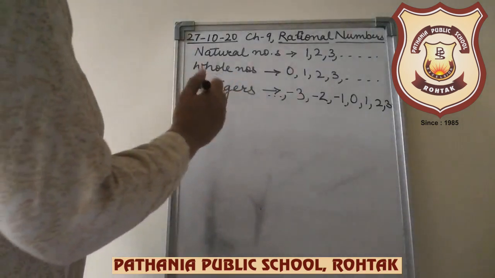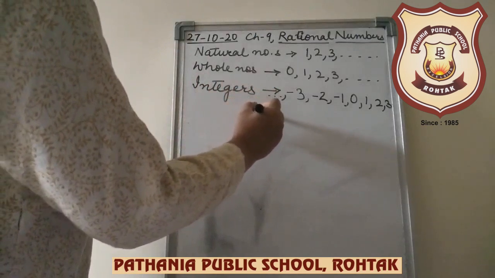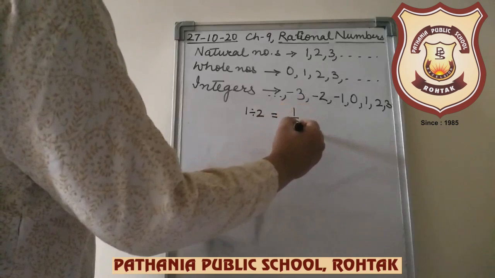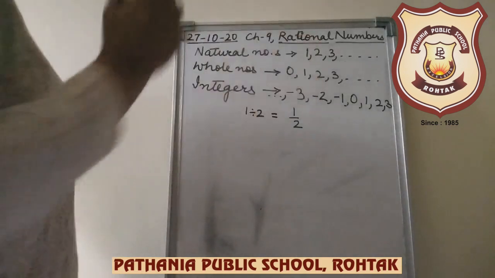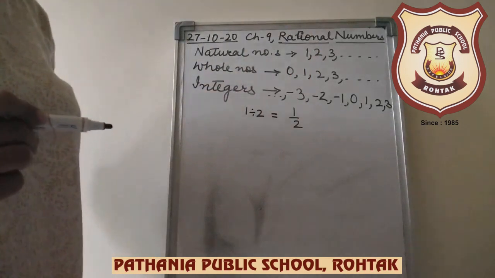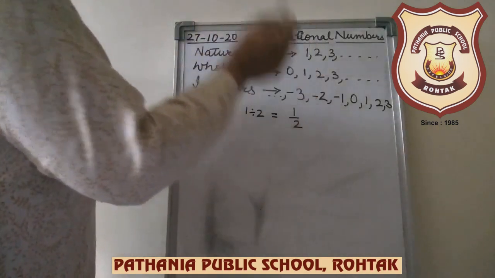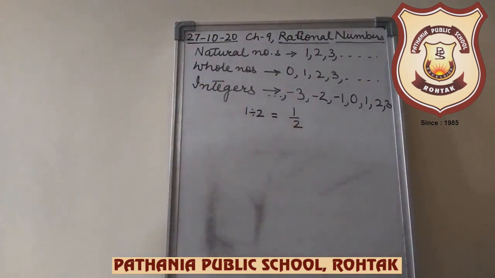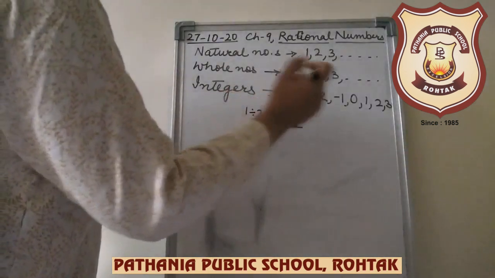Now here, if I say 1 divided by 2, you will write it as 1 upon 2. This does not belong to any of these three categories. It's not a natural number, it's not a whole number, and it's not an integer. This is for the positive.